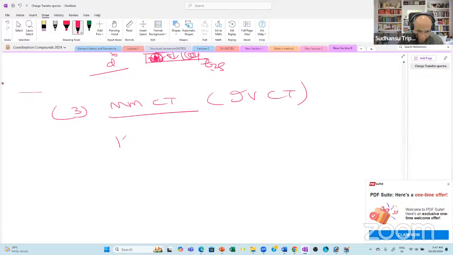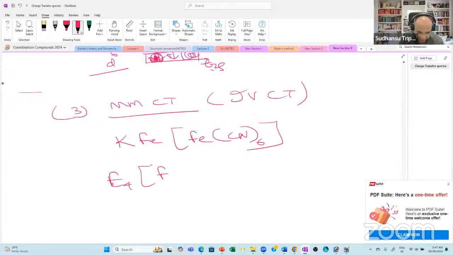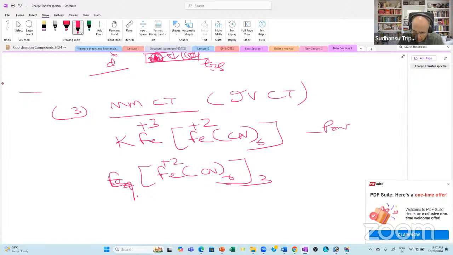This is, say, Prussian blue, K Fe[Fe(CN)6]. Some people write Fe4, same thing. The inner is +2 and outer is +3. This is ferric ferrocyanide or potassium ferric ferrocyanide. This is Prussian blue.